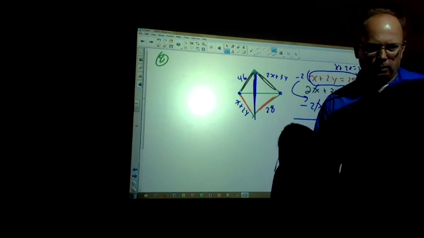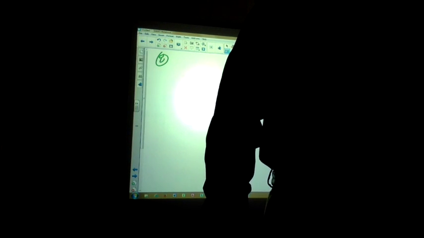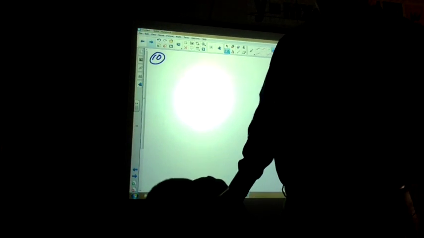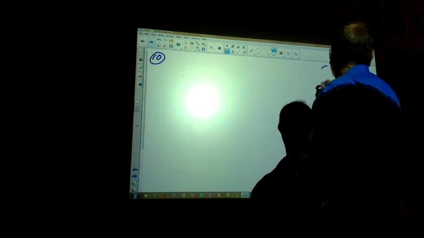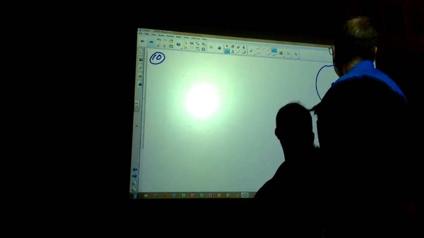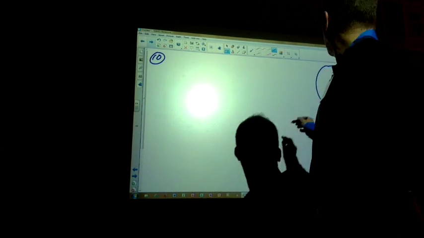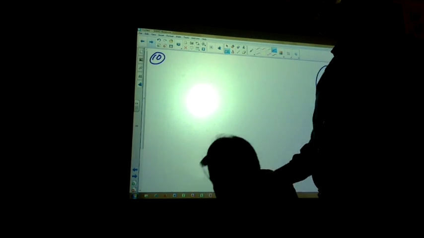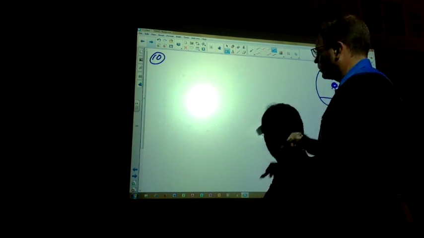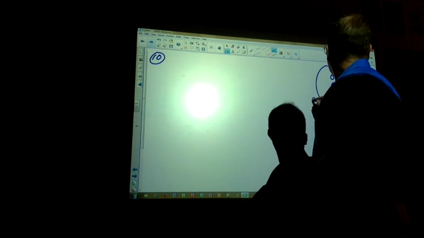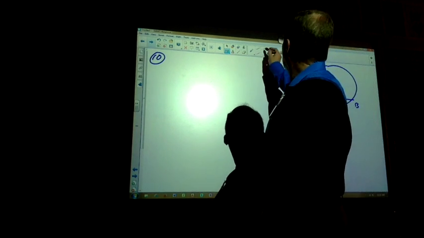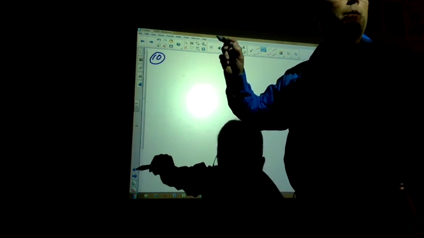All right, proofs. Number 10, starting at the beginning. We have a circle with center O, OM, and AB, and we're trying to prove that they are perpendicular.